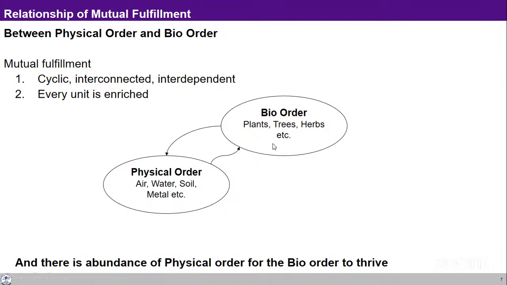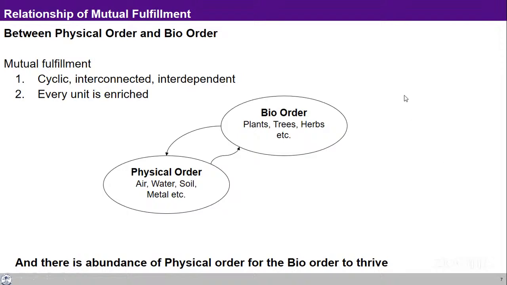Like plants are taking air, water from the soil for its growth, and the leaves of the plants, when they fall down, the fruits of the plants and the plant itself, when it falls into the soil, it will become a manure to the soil and it enriches the soil. So both are getting benefited, both are getting enriched. So there is an interconnectedness, interdependence between this physical order and bio order.